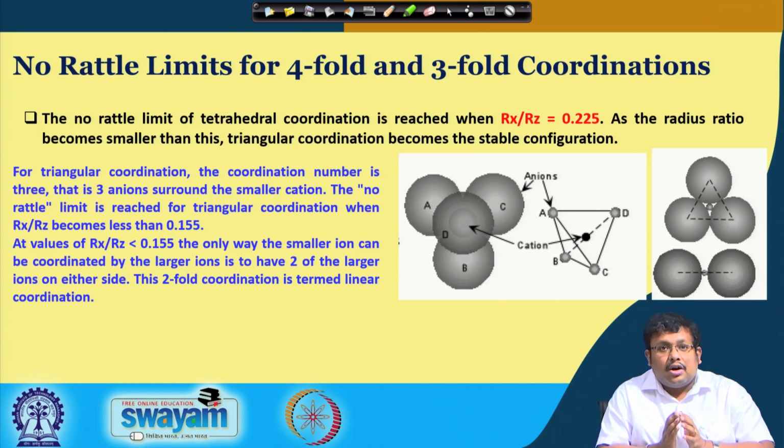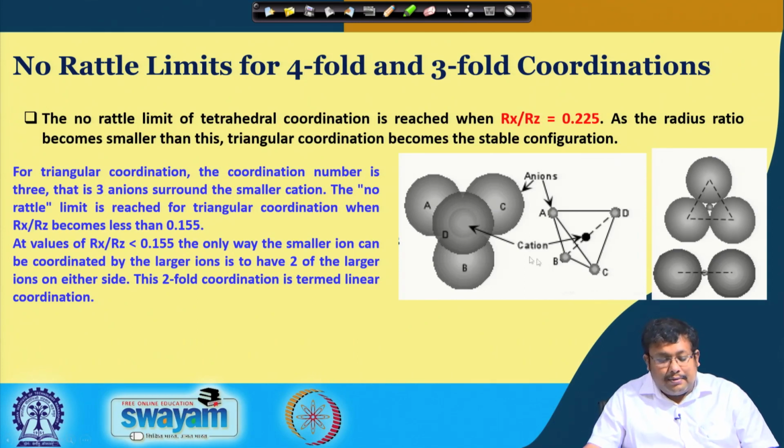For triangular coordination you have to remember that the coordination number is 3, that is, 3 anions are surrounding the smaller cation. As you can see here, this is a 3-fold or triangular coordination, where the small cation is surrounded by 3 larger anions.